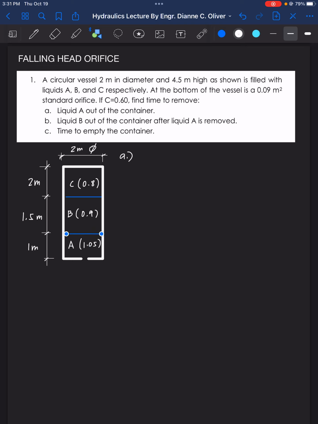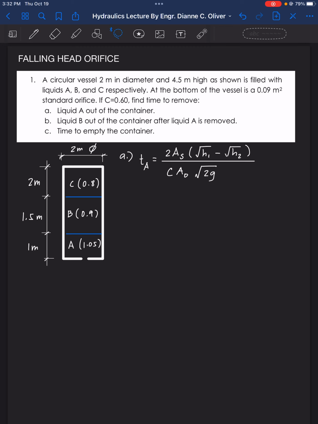If the surface area does not change as time changes, then we will use the formula: time to remove a liquid, in this case liquid A, is equal to 2 times the area of the water surface, multiplied by the square root of the initial height of the liquid minus the final height of the liquid, all over the coefficient of discharge multiplied by the area of the orifice, then the square root of twice the gravity.